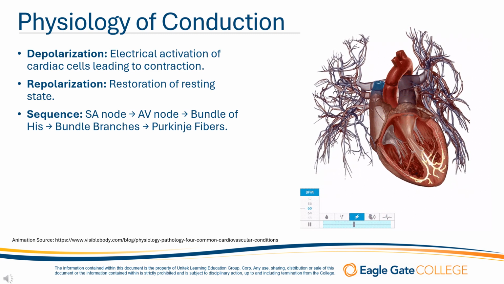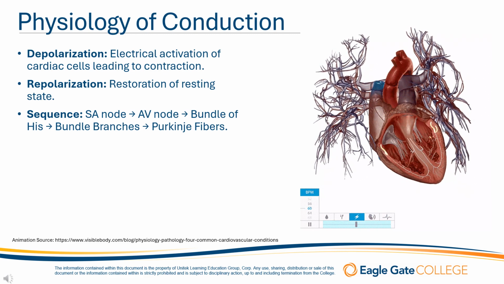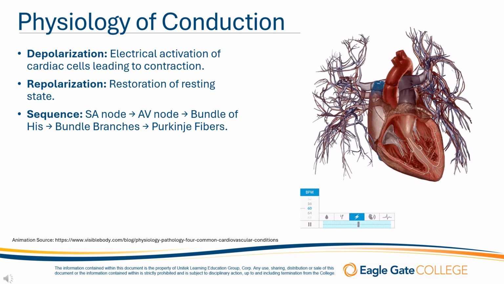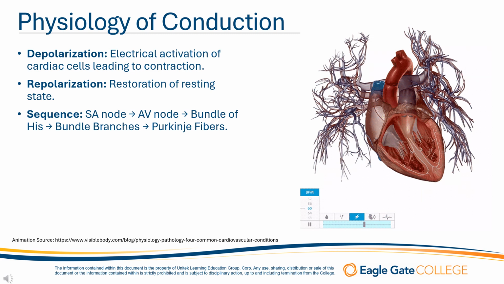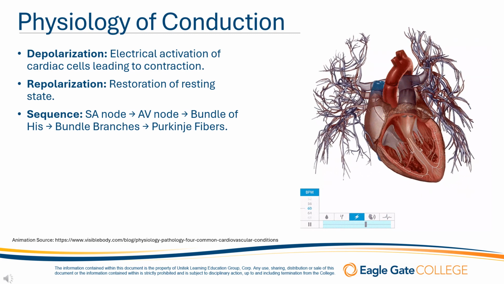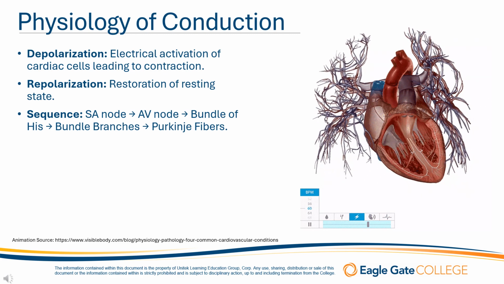When an electrical impulse reaches these cells, sodium and calcium ions rush into the cell, while potassium ions exit. This ion exchange causes the inside of the cell to become more positive, leading to depolarization and consequently muscle contraction.